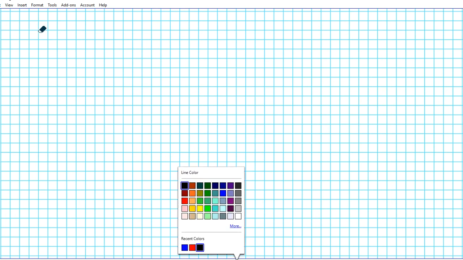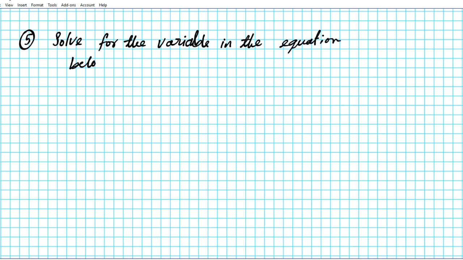Alrighty, so let's say for number 5, you're asked to solve for the variable in the equation below. Okay, so let's say you have x over 3.2 is equal to 1.5.